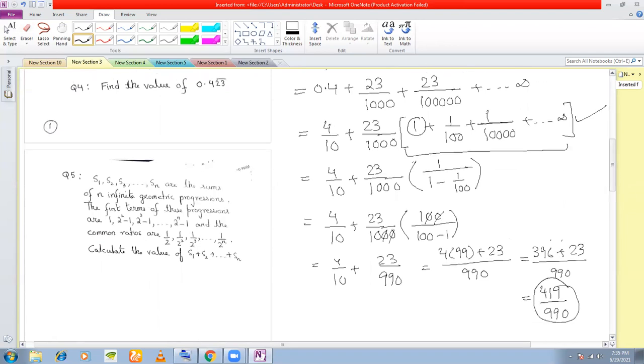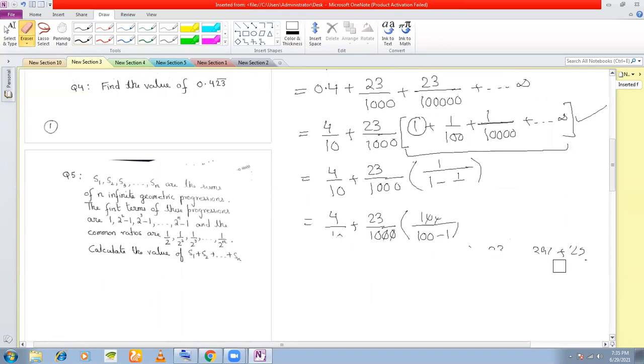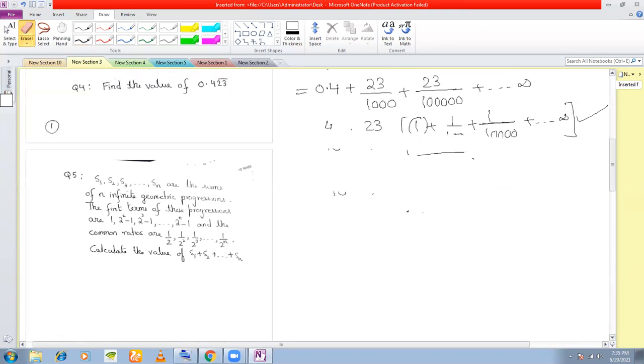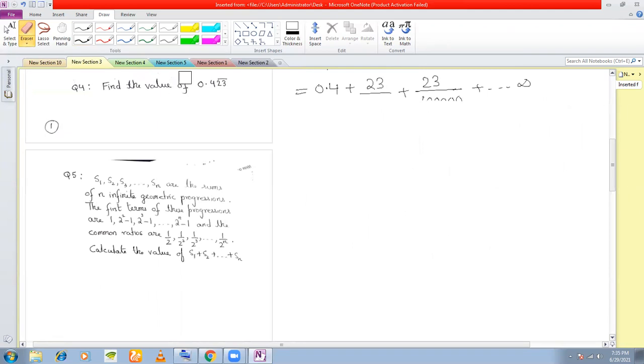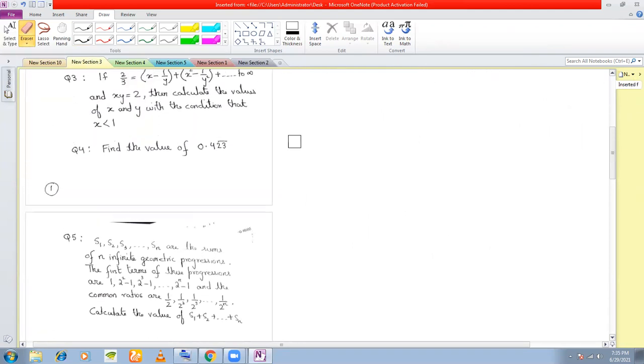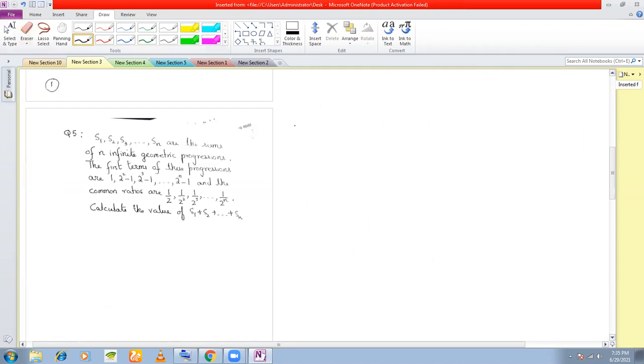Okay, so let us finish the last one also. I have 5 minutes and I'll be able to finish this one. Question number 5. If S1, S2, S3 till Sn are the sums of n infinite GPs, that means n different infinite GPs, not one, whose first terms are 1, 2 square minus 1, 2 cube minus 1, and so on.